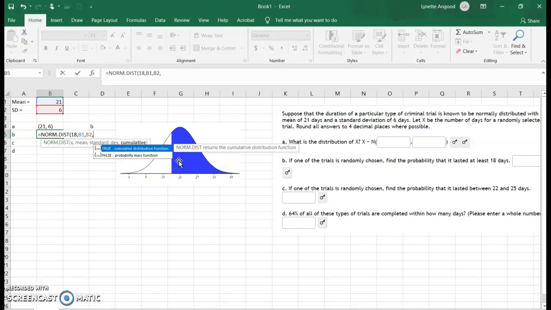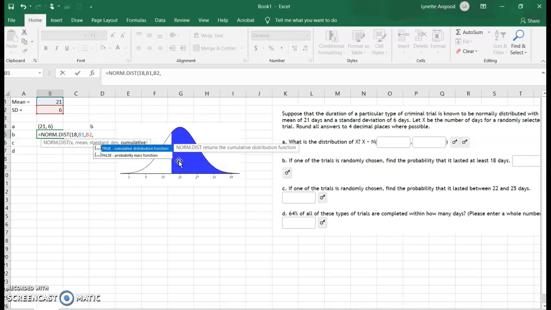And we're always going to be saying yes or true to this cumulative because cumulative means within a region. And actually cumulative means at or below. So this command is going to tell us the proportion of days that are at 18 or below. We'll talk about what we'll do with that to get 18 or above.